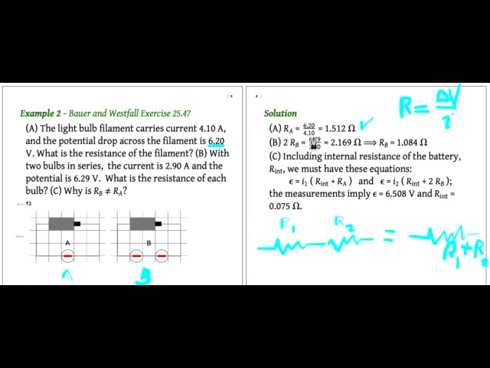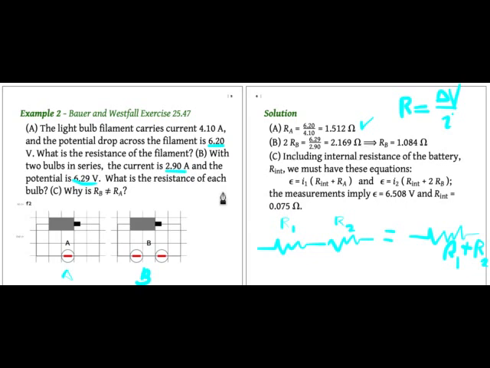And again, that'll just be the potential difference, which is measured by a voltmeter to be 6.29 volts, divided by the current, which is measured by an ammeter to be 2.90 amps. And if we calculate the number, it's 2.169 ohms.